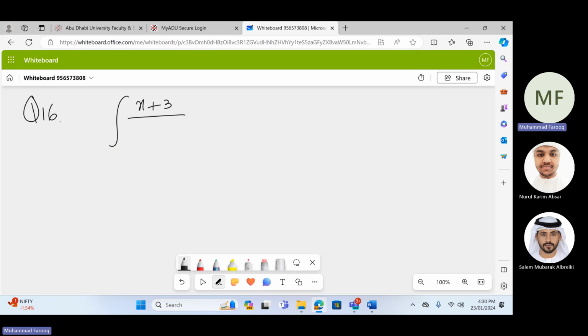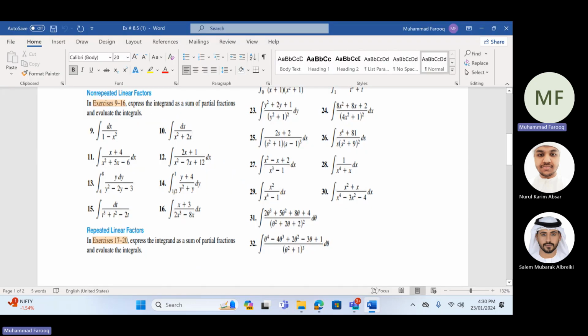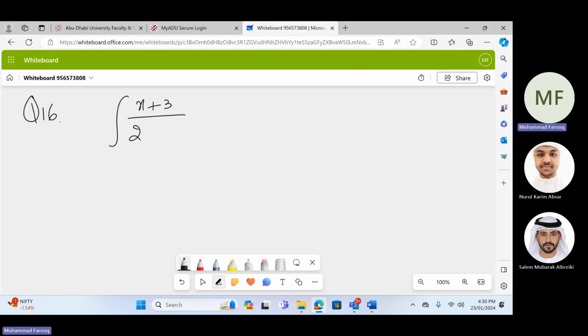I told you already that in the exam it is mentioned whether to use partial fraction decomposition, integration by parts, or trigonometric substitution. So the method will be mentioned to you. Here we ask you to use partial fraction decomposition, please integrate.